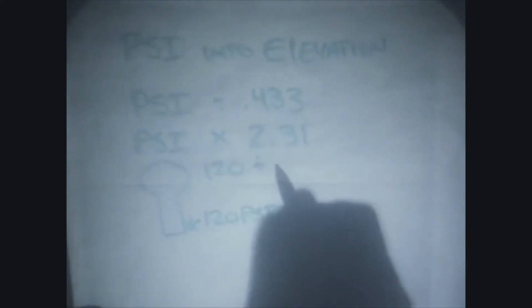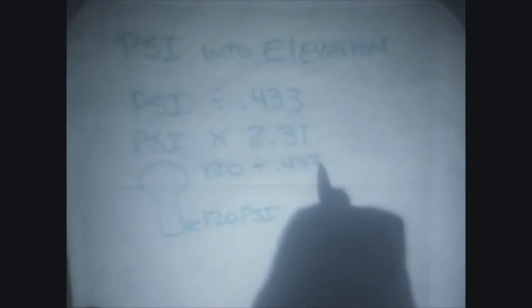Our formula would be to take our 120 psi and divide it by 0.433, or we can take our 120 psi and multiply it by 2.31, and we'll get that our water tower is approximately 277 feet tall.